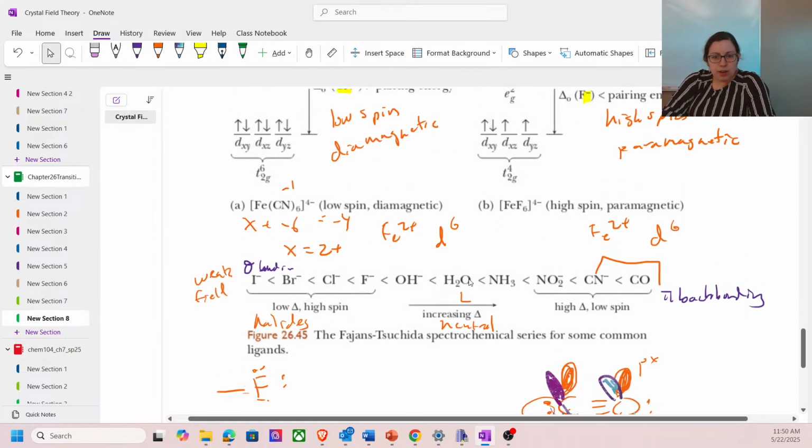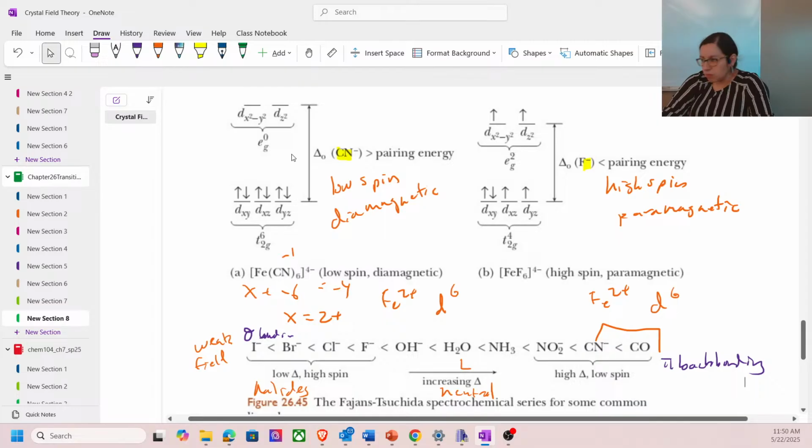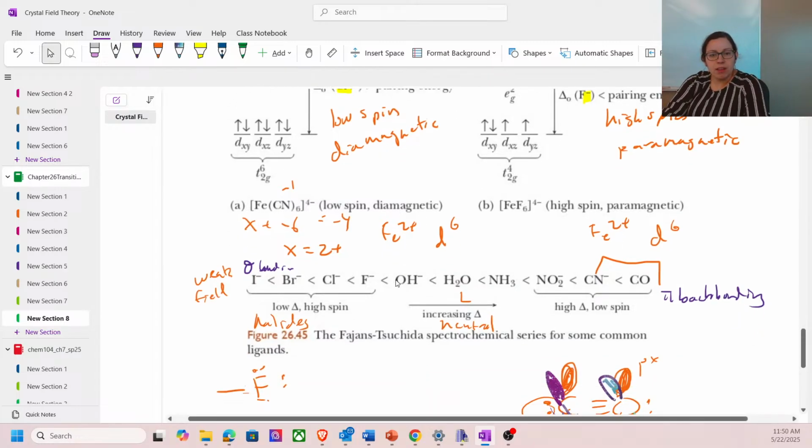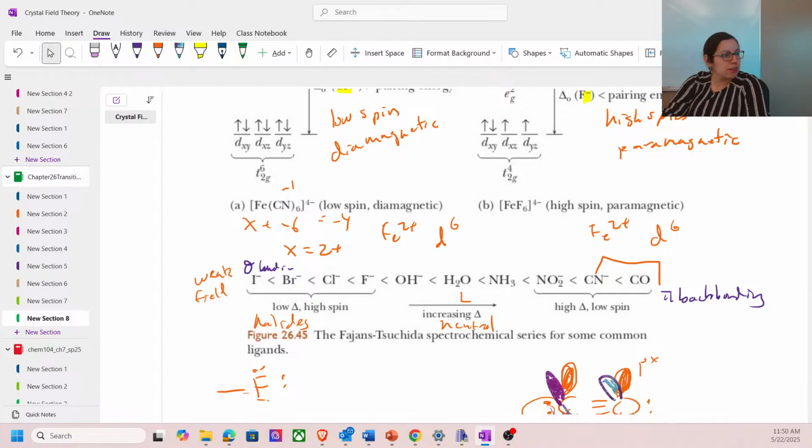On an exam, you'd probably only be exposed to these ligands that we've talked about. There's a bajillion things that can be a ligand, so we're just going to focus on our basic trends.